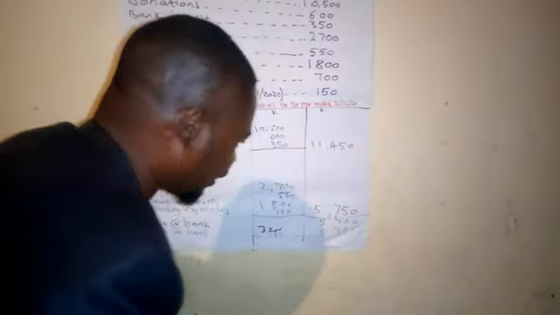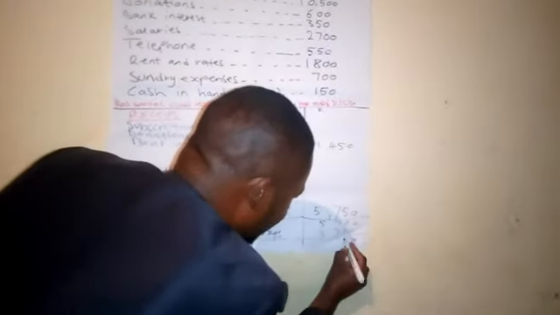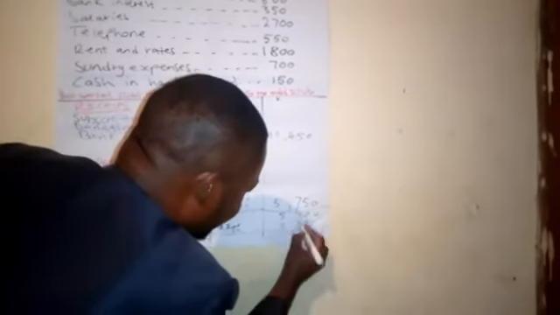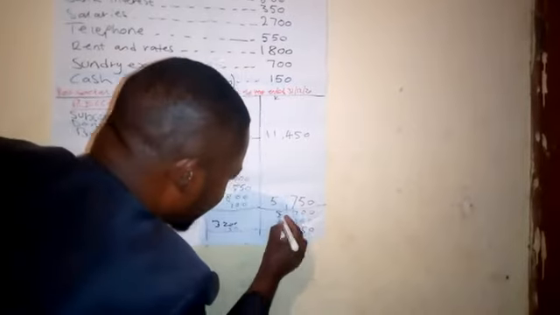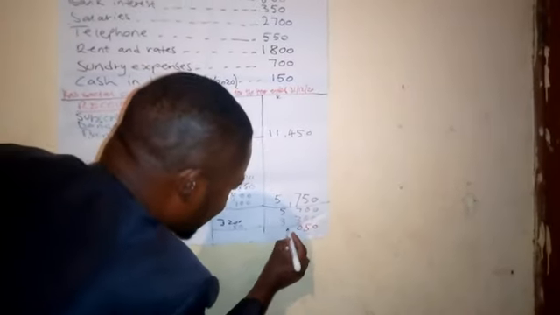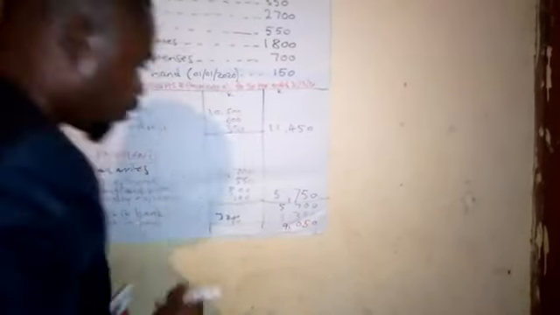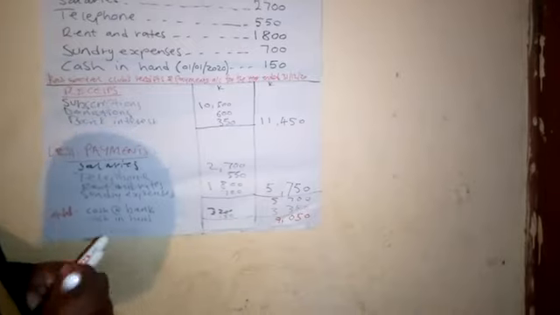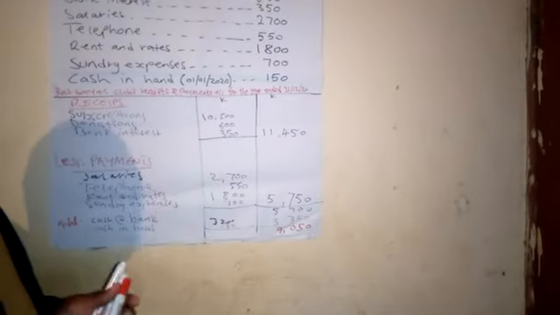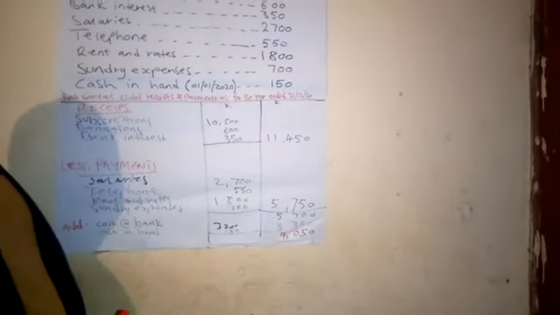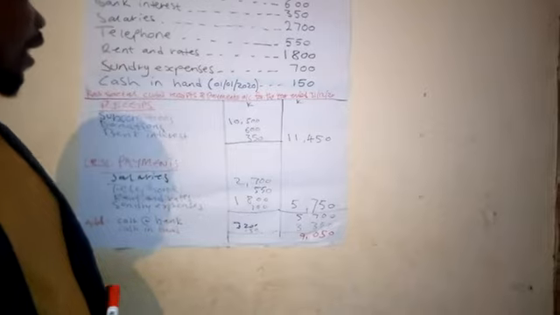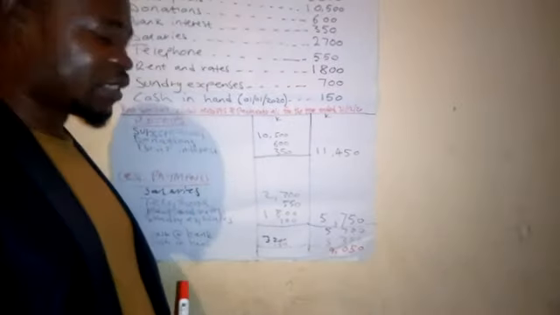If we add there, we get 0, 5, get 10, carry 1, 6, 9. Okay, so we have 9,050 kwacha. So this is how you prepare a receipts and payments account.